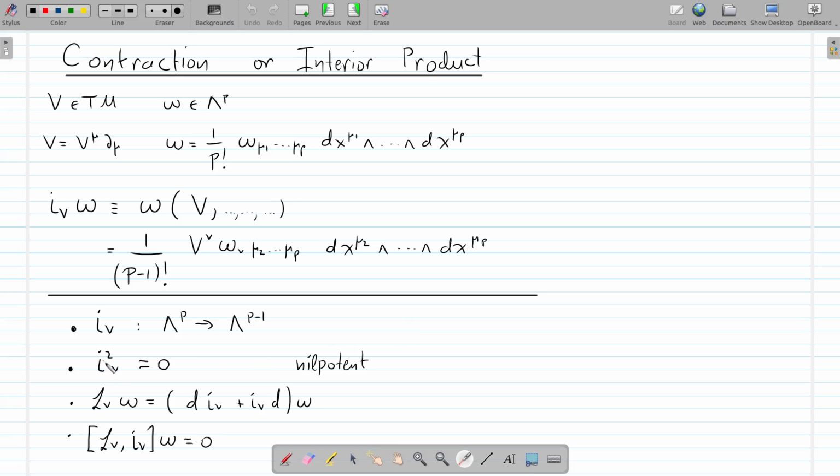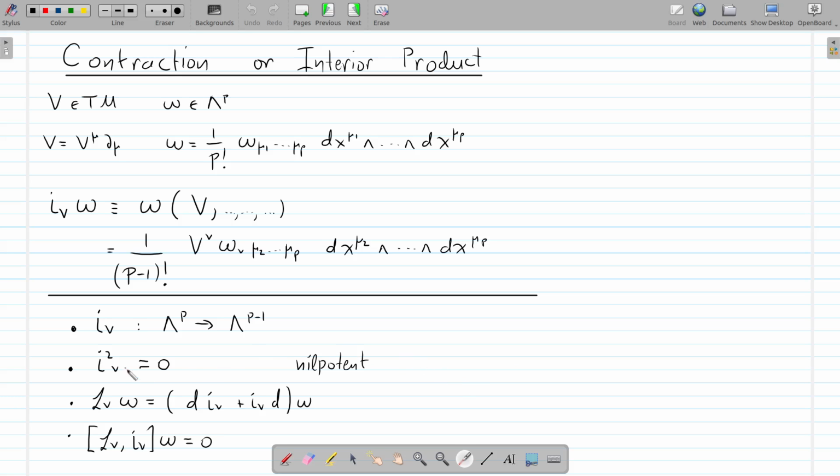Now, if we act with this operator twice, then we obtain 0 because of the antisymmetry of the p-form. So if there were here a second factor v^μ contracted with μ2, then the product would be symmetric, but the exchange of indices here is antisymmetric, and the result would have been 0. So this is again a nilpotent operator.